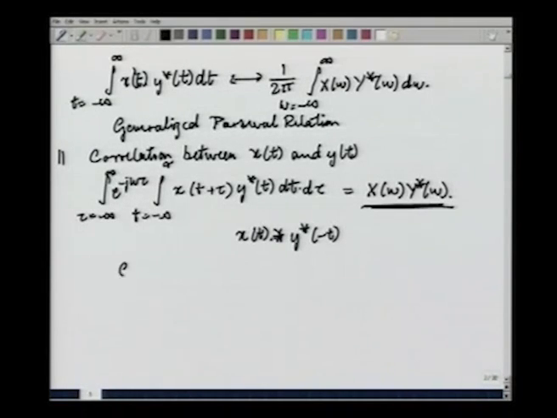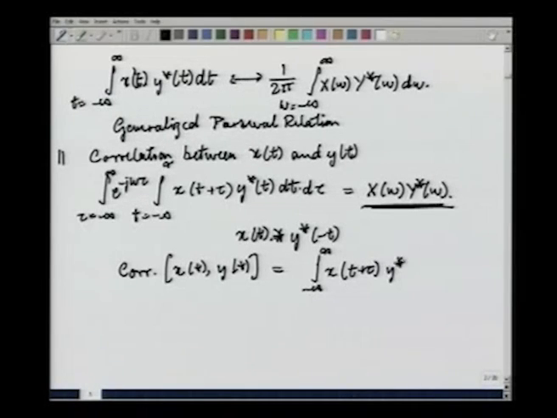So, the correlation is simply equal to x t convolved with y star of minus t.